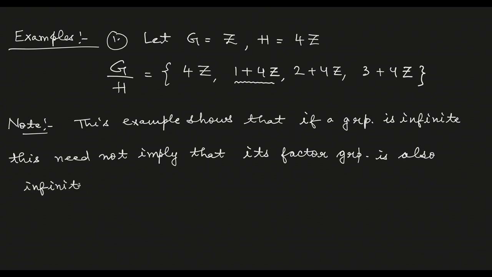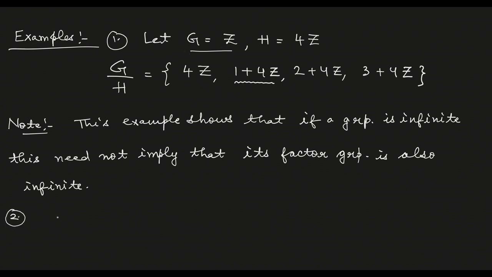Here group G, the set of integers, is infinite, but we are getting a factor group that is finite. Because what is the order of the factor group? 4. And the order of group G is infinite.